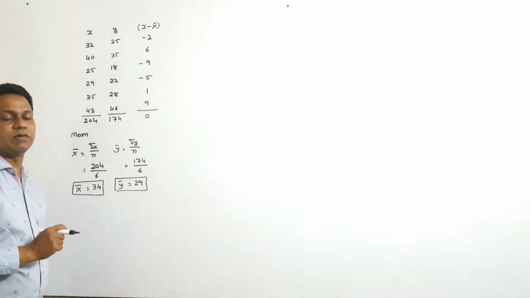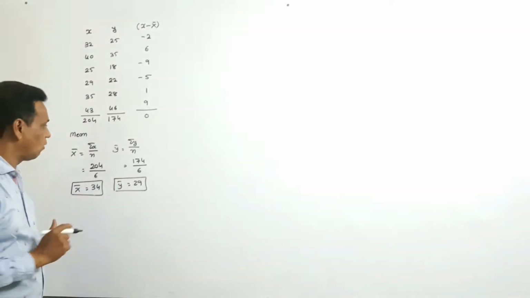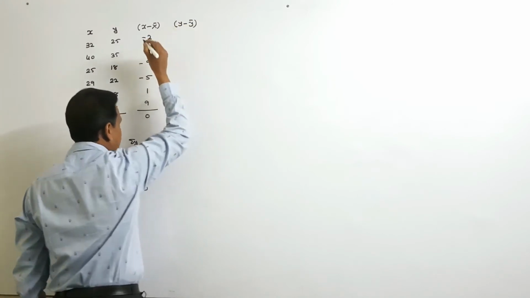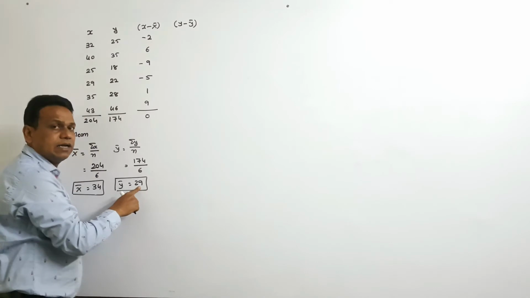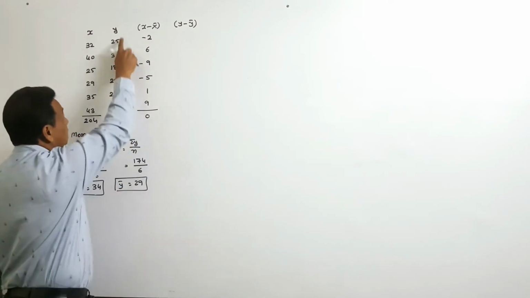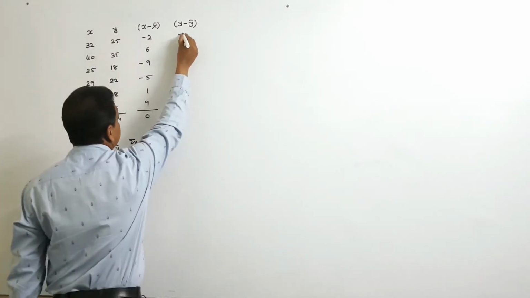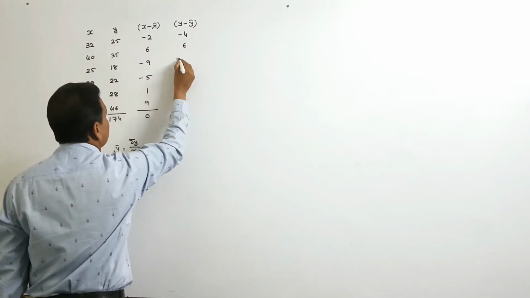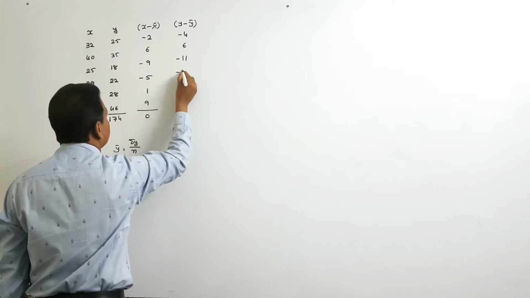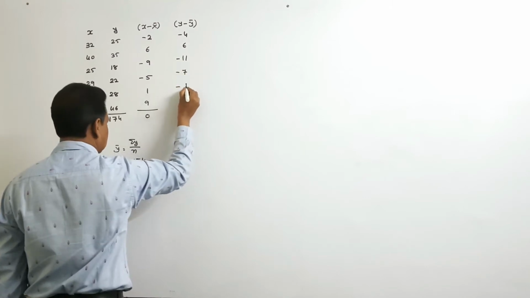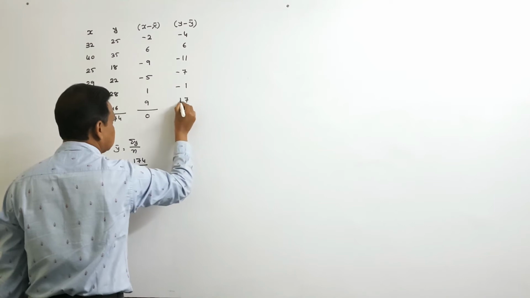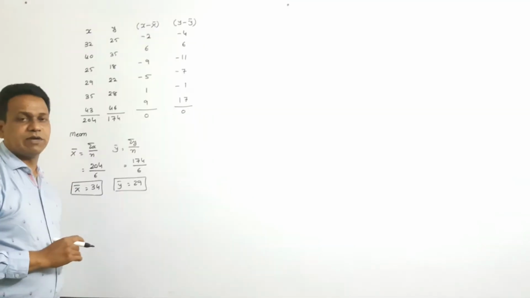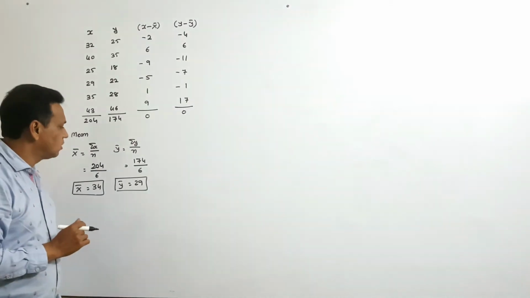If it is not 0, we have made a mistake somewhere. Okay, now do the same. It is y minus y bar. So y bar is 29, and I would like to subtract 29 from each amount of y. So here it is minus 4, here is 6, minus 11, minus 7, minus 1, and 17. Again, whenever we subtract the mean from the variable, the sum always comes out 0.